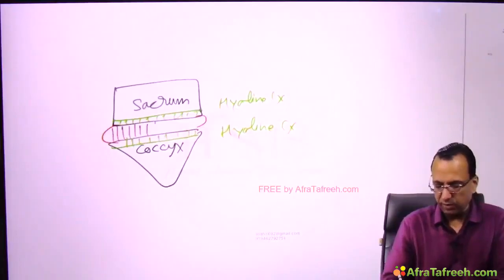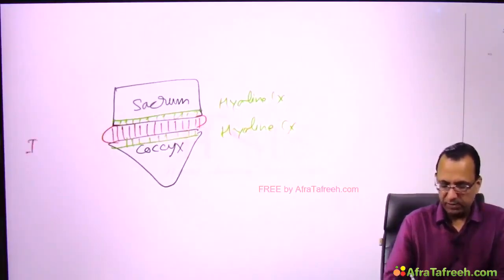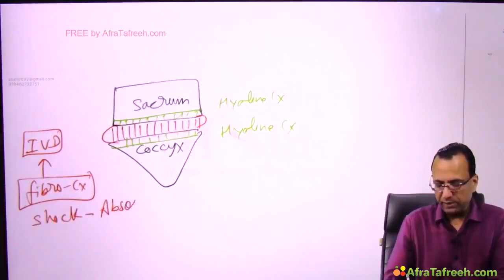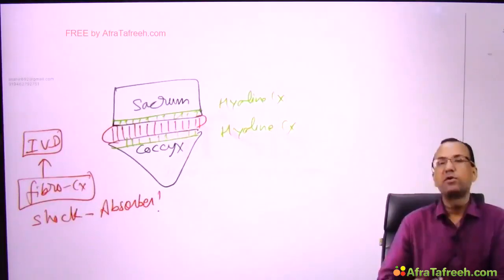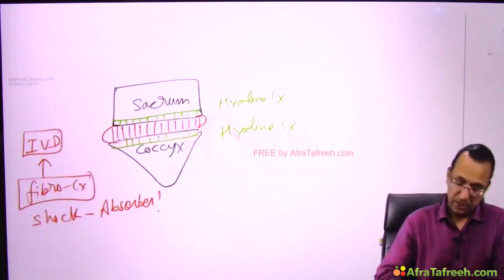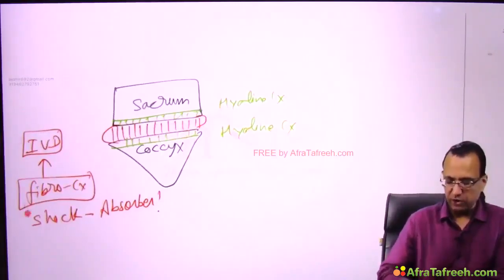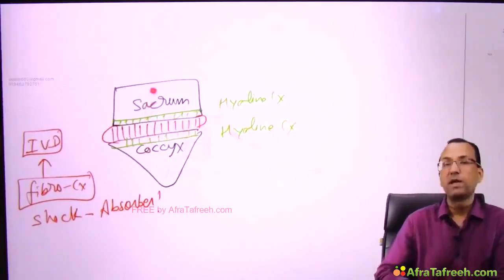And what is the intervertebral disc made up of? The intervertebral disc is made up of fibrocartilage. It is like a shock absorber, if you remember. We are putting some shock absorbers between the bones. So the intervertebral disc is fibrocartilage, working like a shock absorber, sandwiched between the two bones.